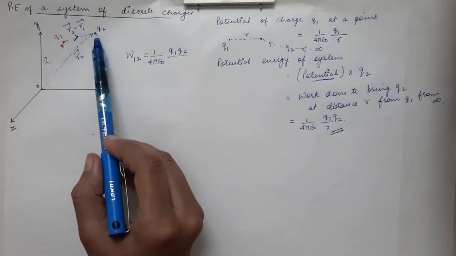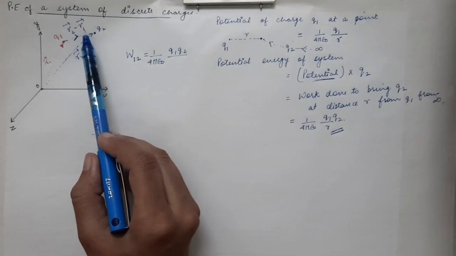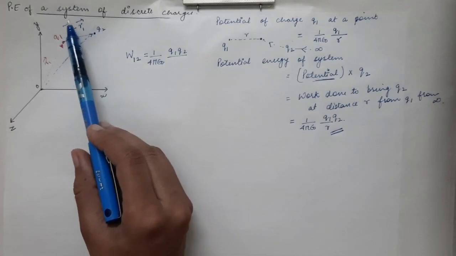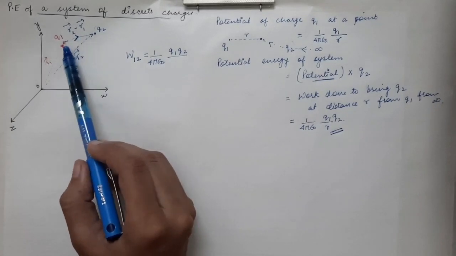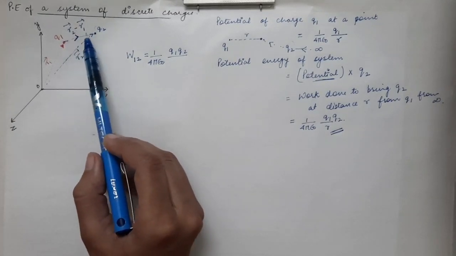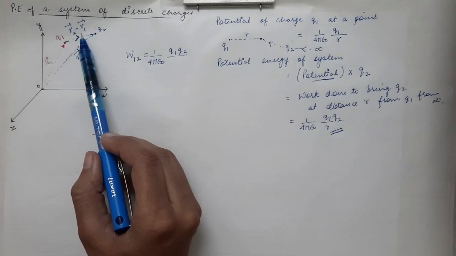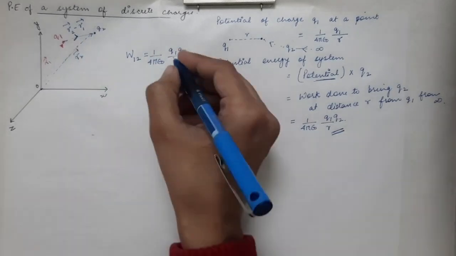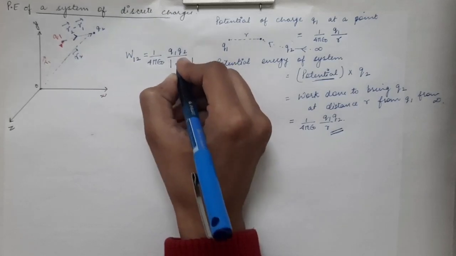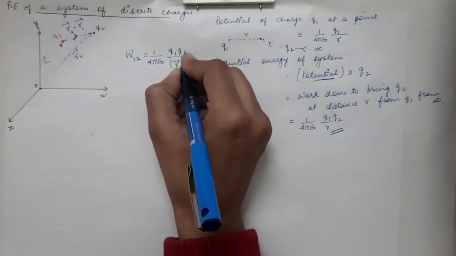So we know this vector, and that is r2 vector minus r1 vector. The magnitude of this vector will give us the distance between these two charges. So now we will divide it by the magnitude of r2 vector minus r1 vector.